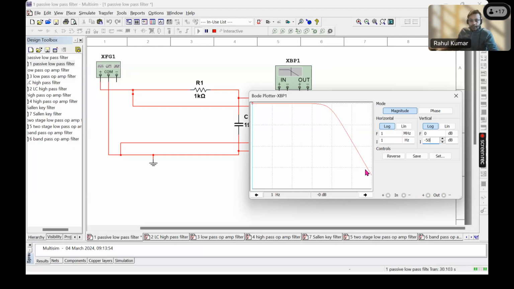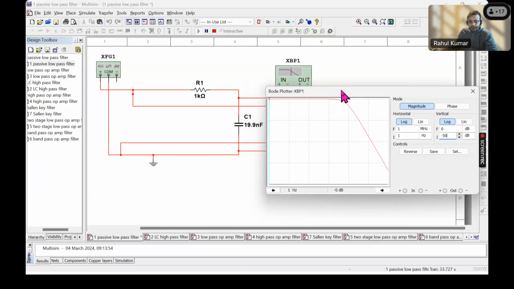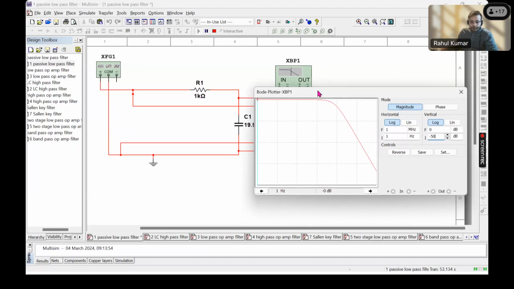The cutoff frequency you can easily calculate, and the formula is 1 over 2 pi multiplied by the value of resistance and capacitance. Okay, that's the cutoff frequency.